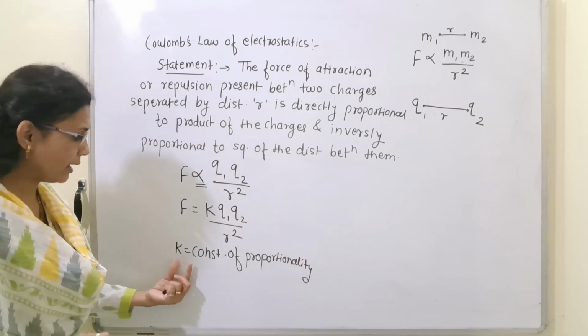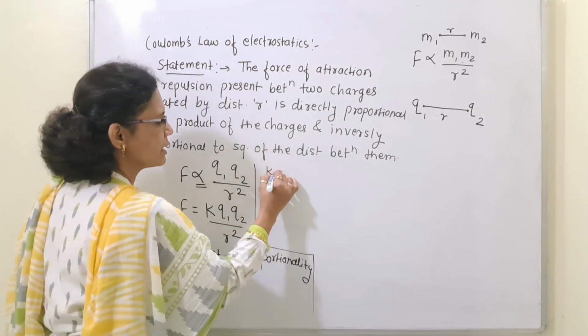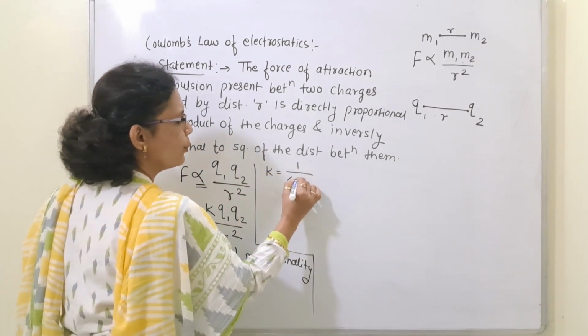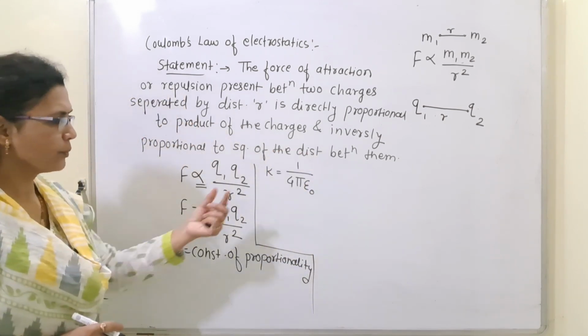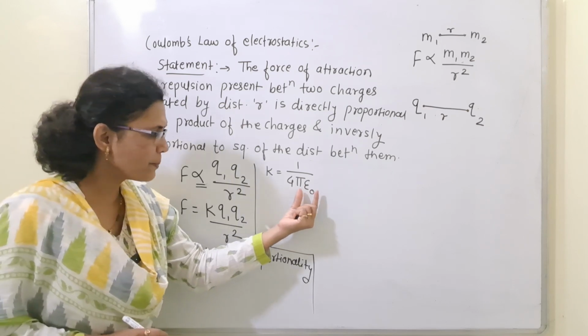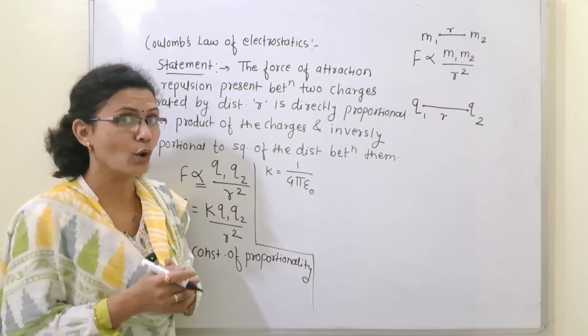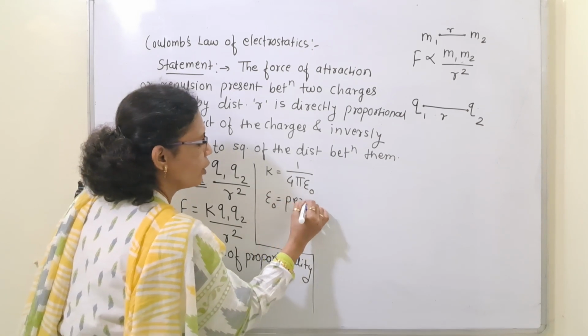And k has a value. What is the value of k? k is equal to 1 upon 4 pi epsilon naught. This epsilon term is new for you. What is this epsilon naught? It is the permittivity of vacuum.